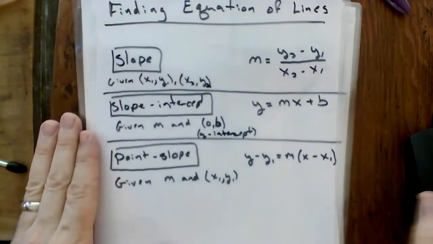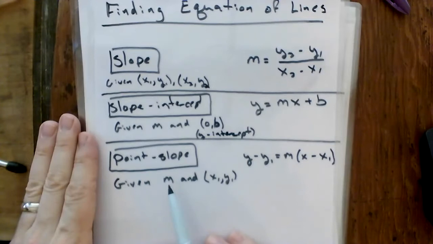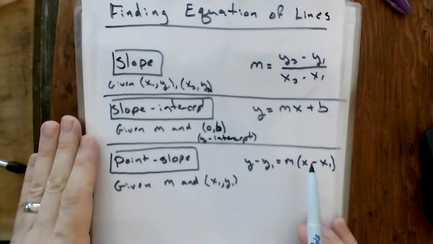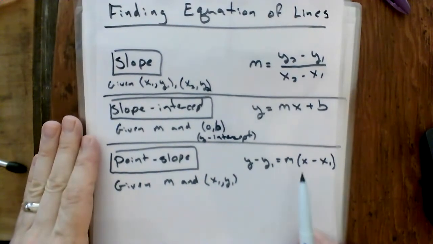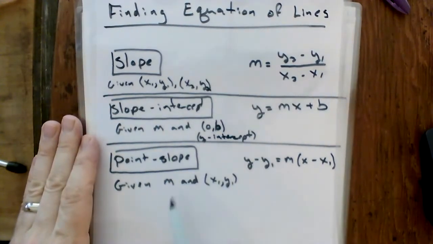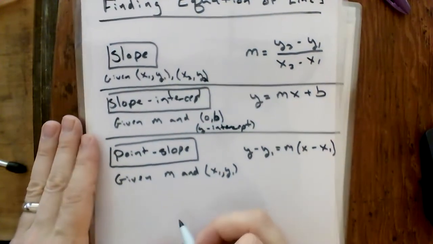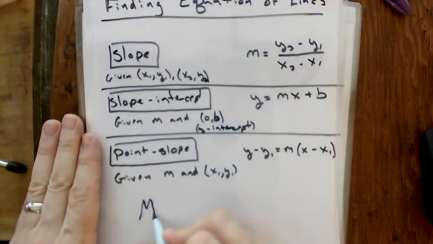Otherwise, you've got your point slope, and that takes a little bit more work, but it's also a relatively easy tool to use. So that's given any point and a slope. I would recommend that you actually memorize these.